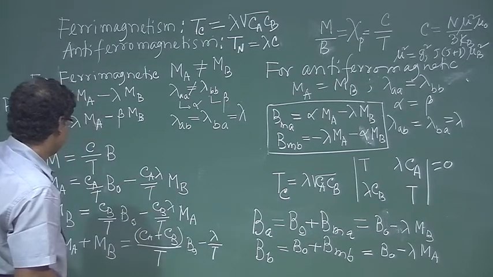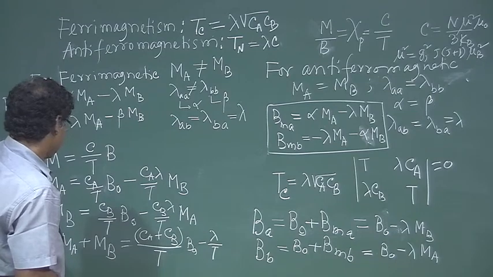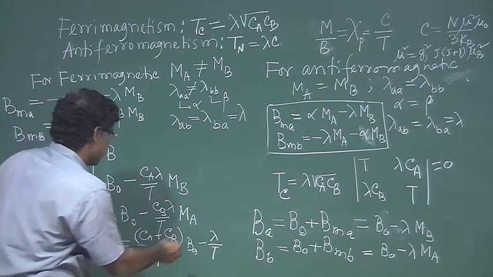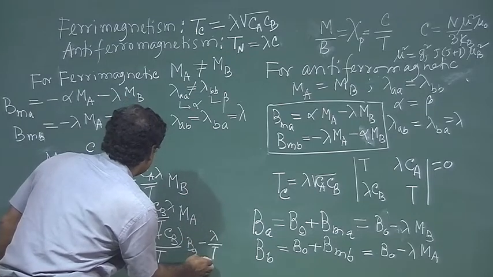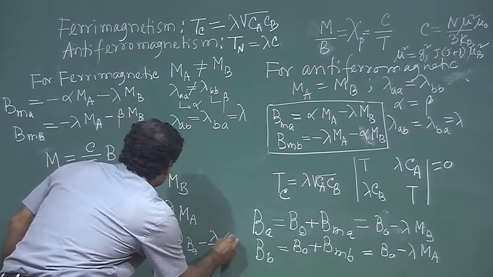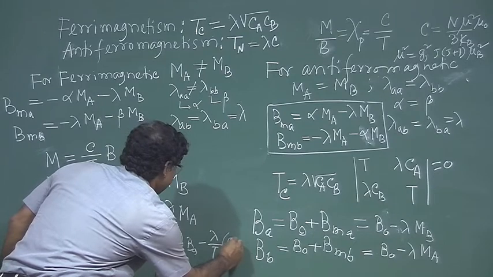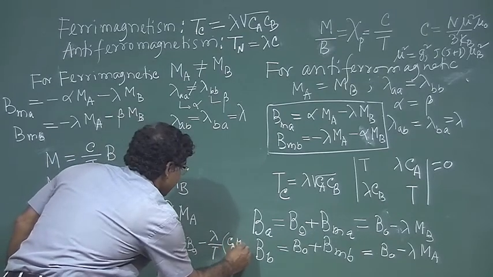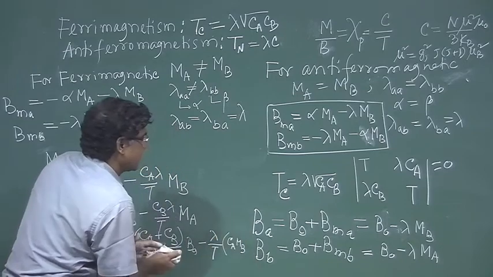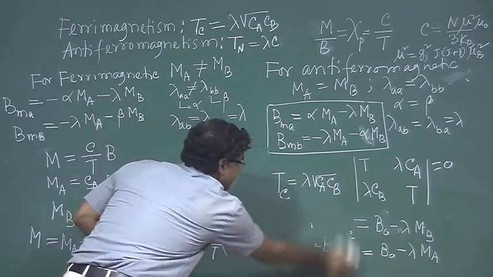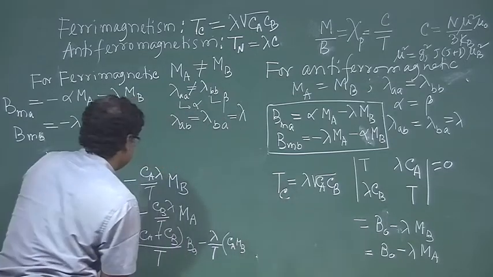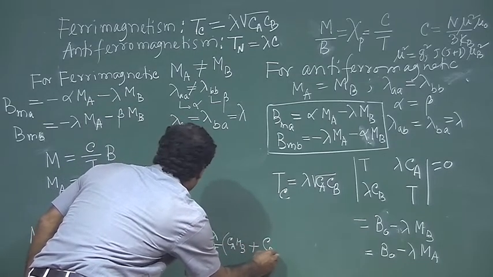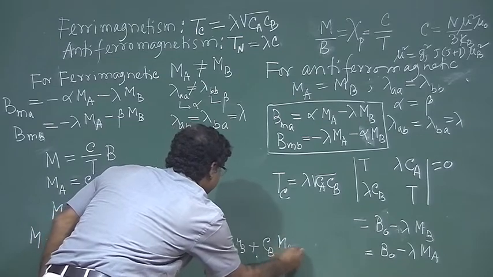So, I have to write this lambda by T, then C_A M_B plus C_B M_A, right.